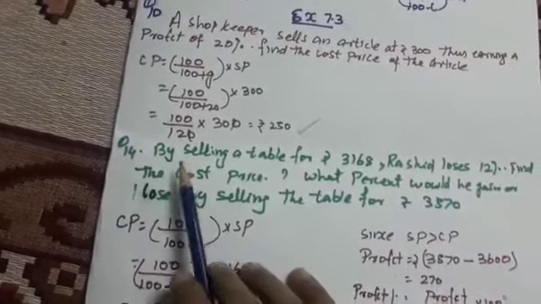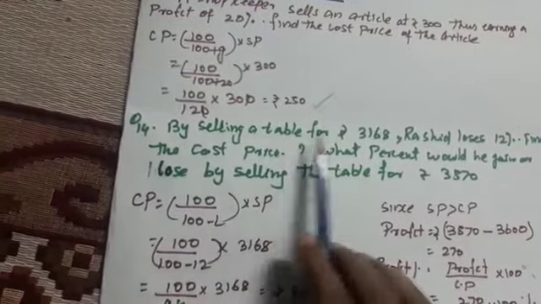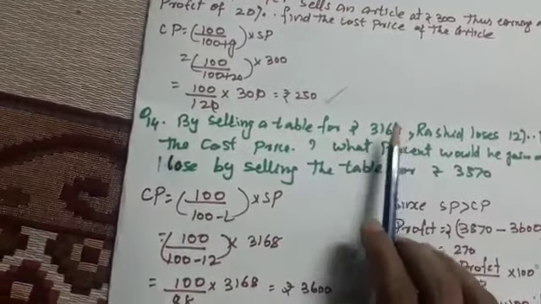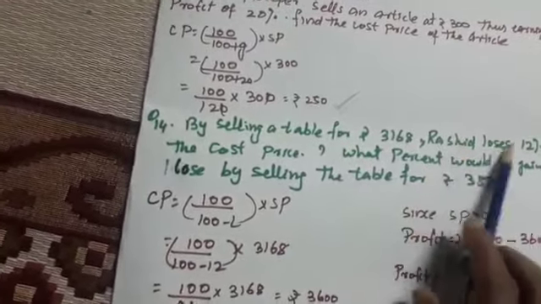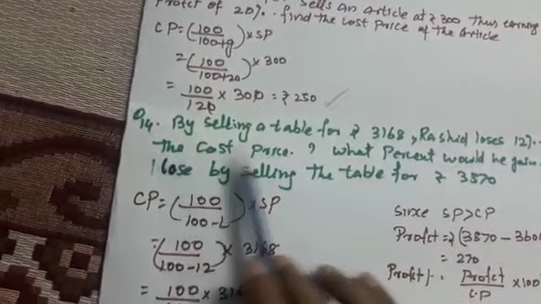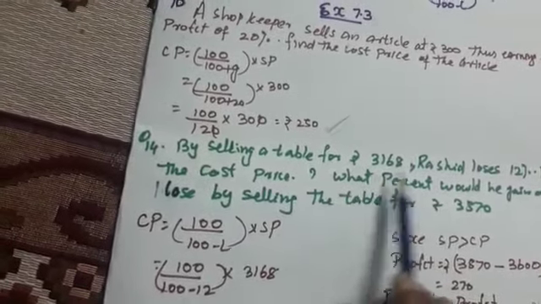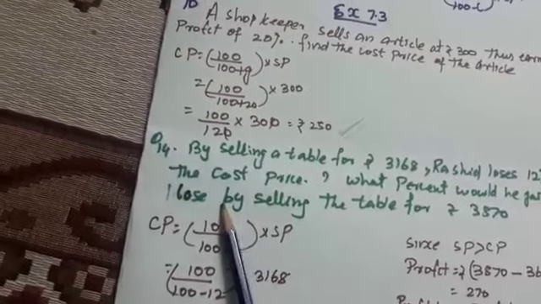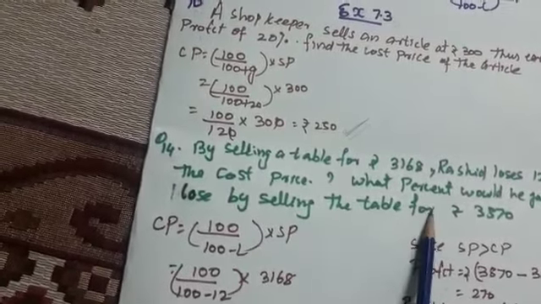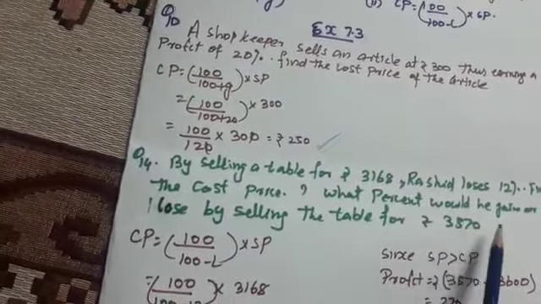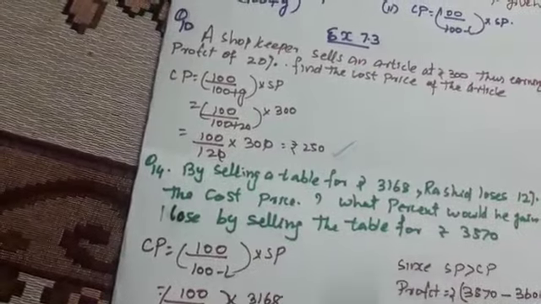I read the question one more time. By selling a table for rupees 3,168, Rashid loses 12%. Find the cost price. Second part: what percent would he gain or lose by selling the table for rupees 3,870? There are two parts in this question.